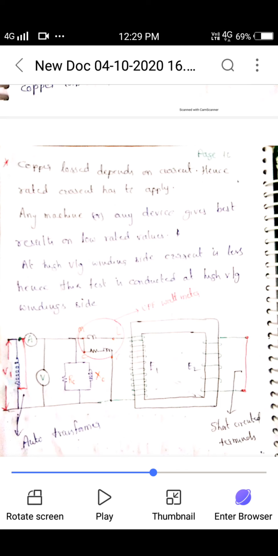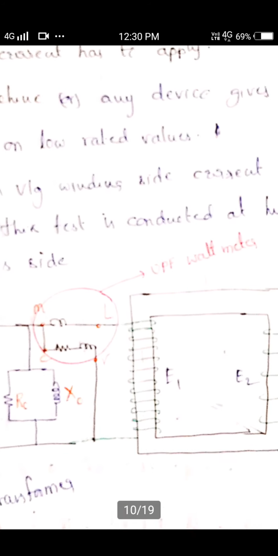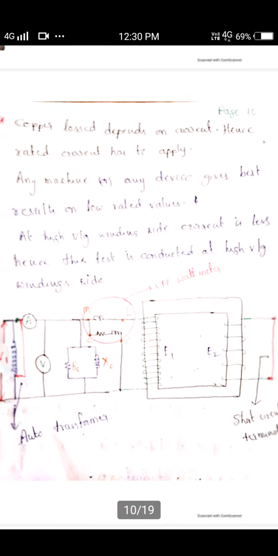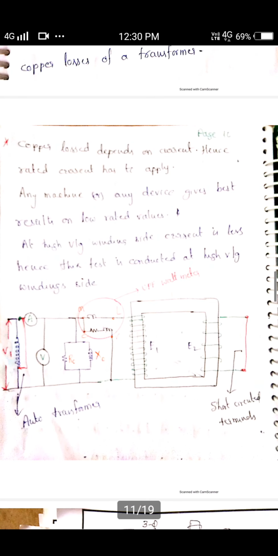Here the wattmeter used is a UPF wattmeter, a unity power factor wattmeter, by keeping the low voltage winding terminals short circuited. See, the low voltage winding has fewer turns, and the high voltage winding has more turns.